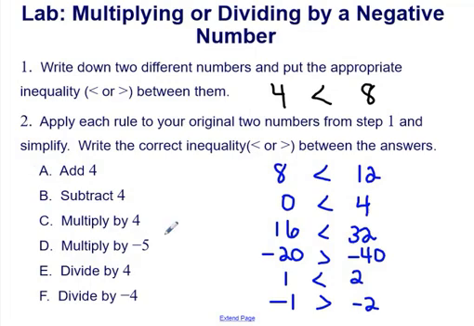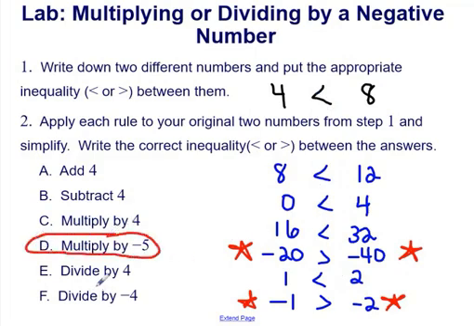And hopefully you see that in D and F, the one major change is the inequality sign flipped. Instead of less than, like the original sign, now it's greater than. And in D and E, the difference is that you're multiplying and dividing by a negative number.